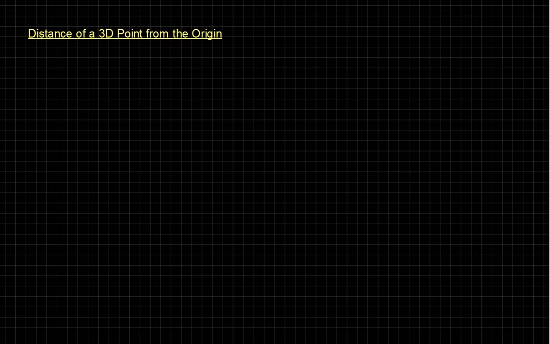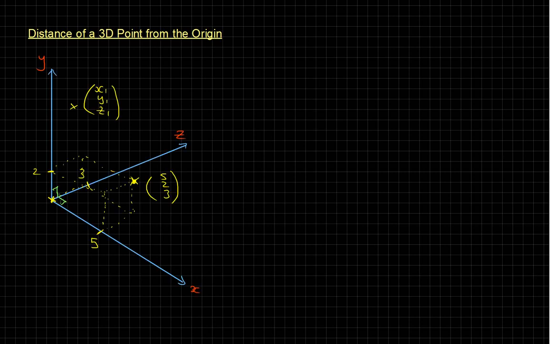Now let's talk about the distance of a 3D point from the origin. In fact, let me just borrow the previous diagram I drew. Okay, so I've got this one here. That point, the 5, 2, 3 point, how far is it from the origin? So now I'm just going to draw a straight line from the origin to the point 5, 2, 3, like that. So remember, that line is moving all the way through 3D space.